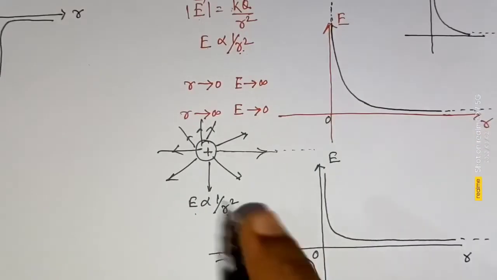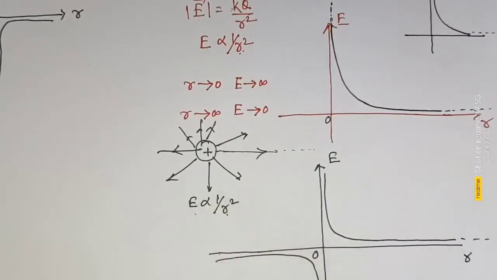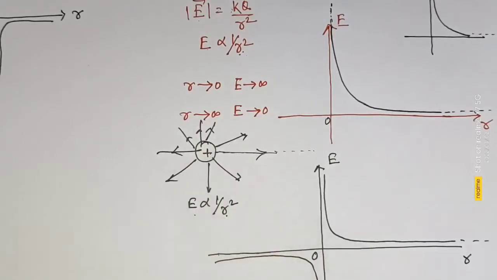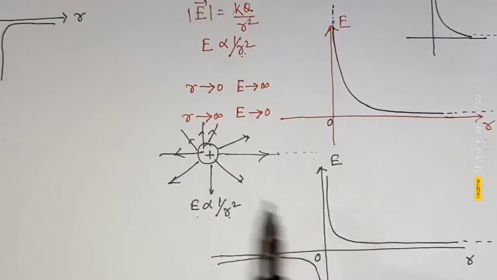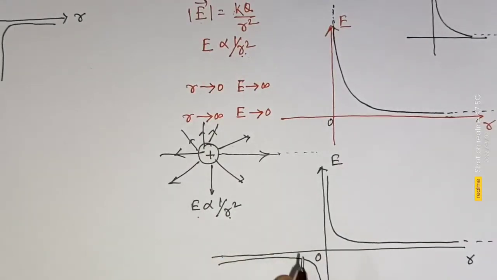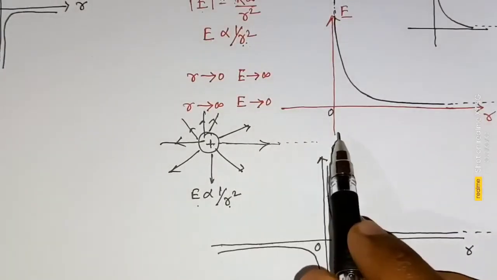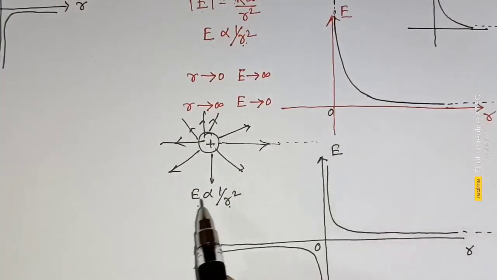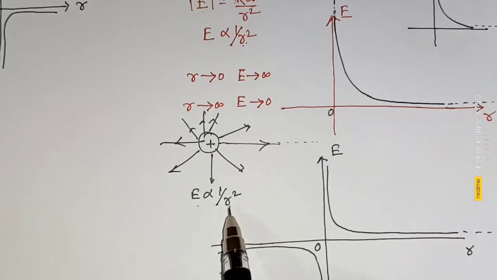And I said for the positive charge, the field lines are radially outward, and for the negative charge, the field lines are radially inward. If it is radially outward, with the increase of distance, electric field intensity is inversely proportional to r square. So it will be decreased by a factor of what? R square.